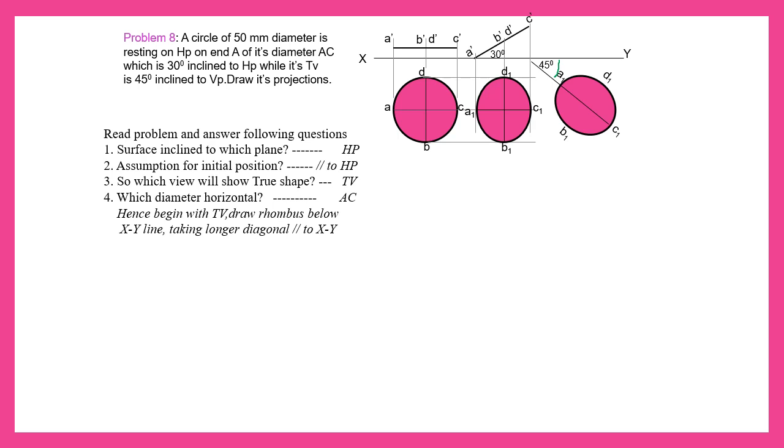So first we have to incline this diameter. This is the diameter, right? A to C will be the diameter. You are going to tilt this diameter to 30 degrees, and then you can tilt it 45 degrees in the top view.